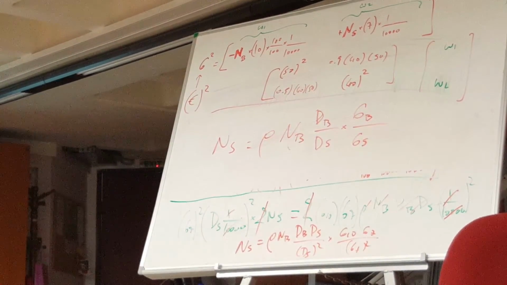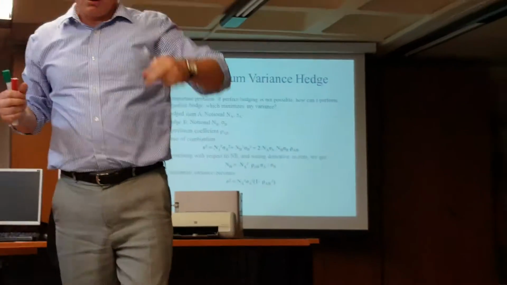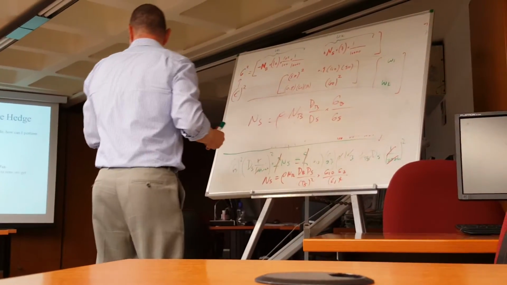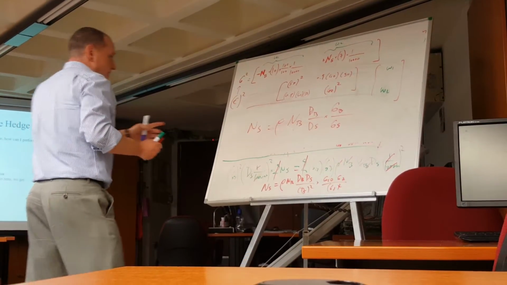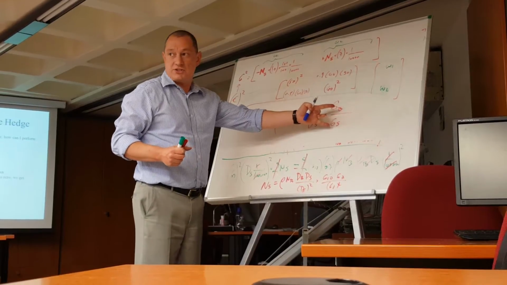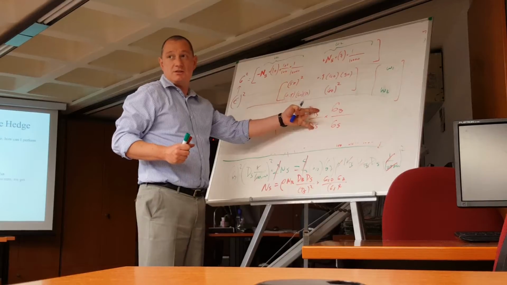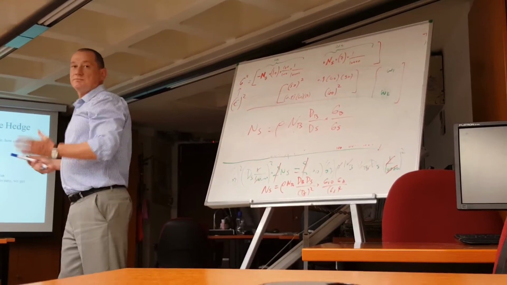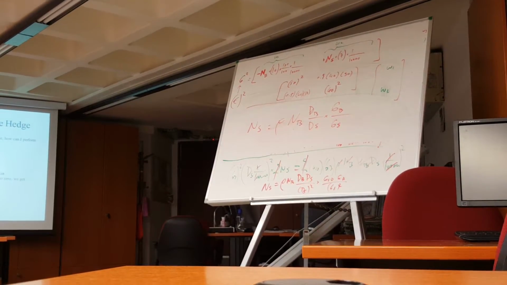Except for two things. There is no minus sign because I have already assumed that the interest rate direction of the swap is the opposite. Make the minus sign. And instead of having sigma, the ratio of the sigmas is the ratio of the sigmas of interest rates times the durations. Simple as that. It's just that everything has to be scaled by the duration.